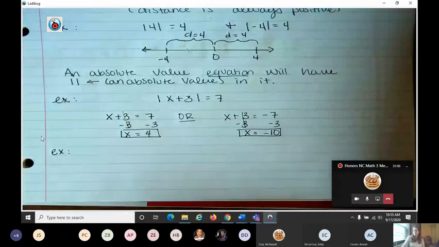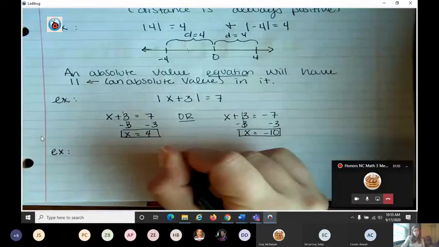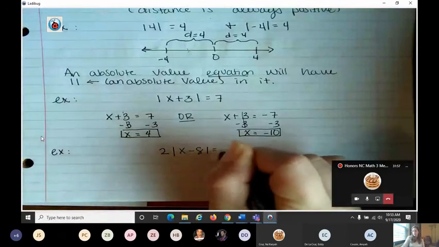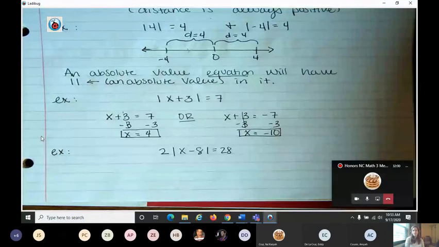So in this next example, I'm going to use the absolute value equation 2 times the absolute value of x minus 8 equals 28. Okay.